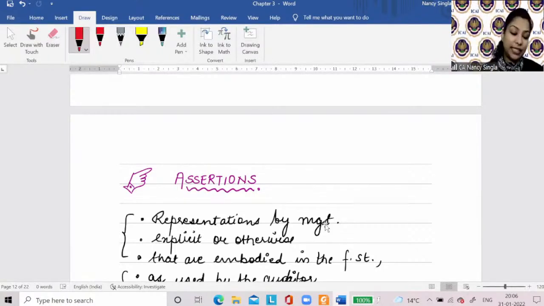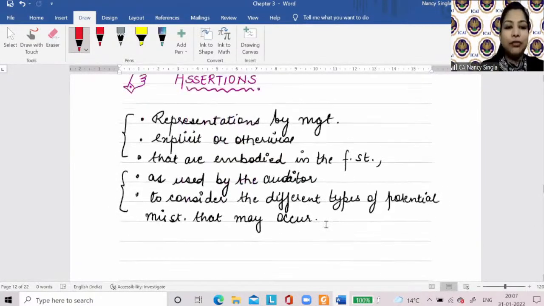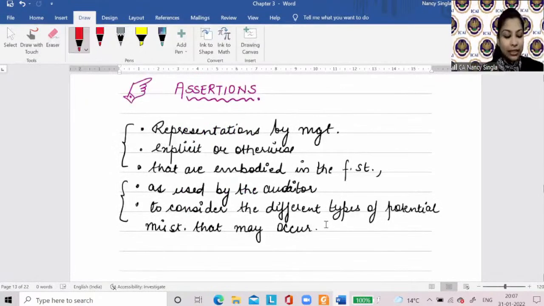Okay. Now assertions. So what is meant by the term assertion? We are using this term again and again, and it will be used again and again. I told you, students, that we need to give our expert opinion on the financial statement as a whole, whether the financial statement reflects a true and fair view.